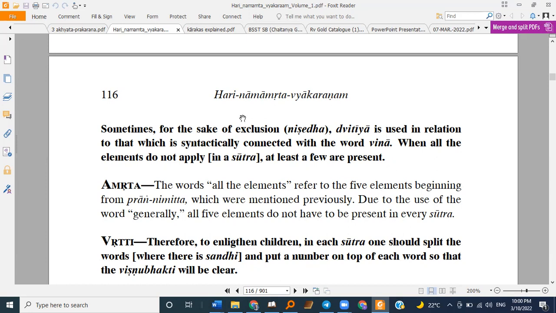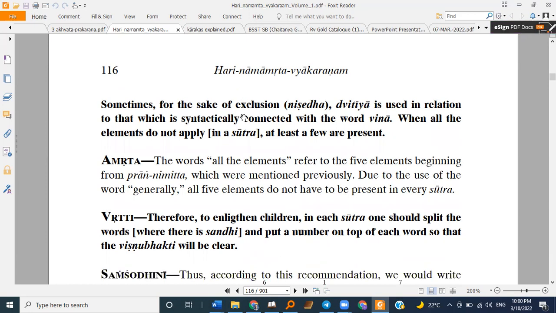So when the sutra speaks of any nishedha like that, it will use Dvitiya Vibhakti, the second case, along with the word Vina, like in that sutra.